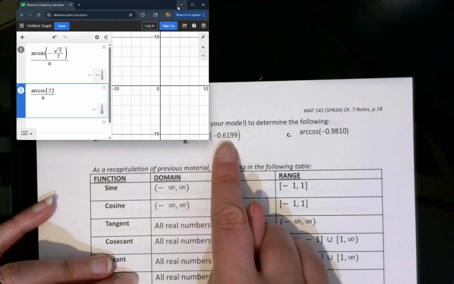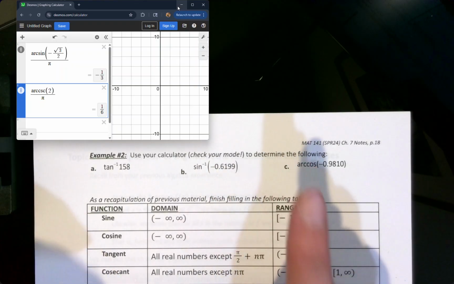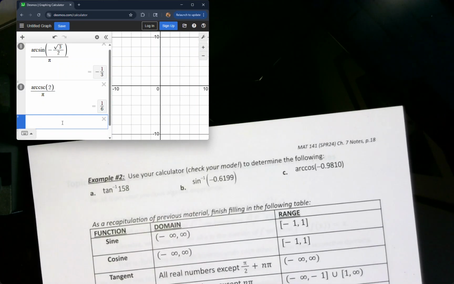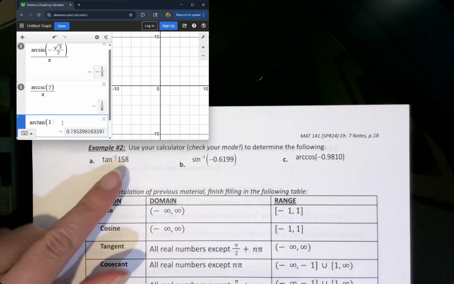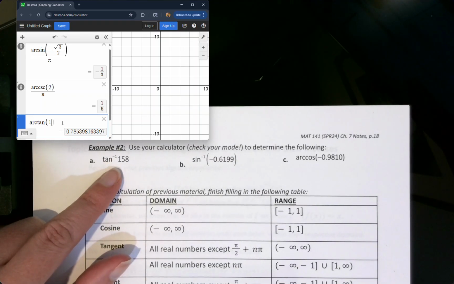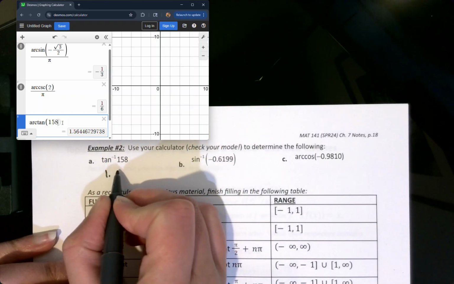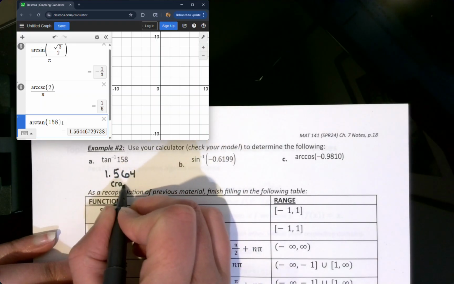158 and negative 6.19, like these things are not perfect angles. So I'm going to need to use the calculator in order to get answers in terms of the angles for these. So if I find the inverse tan or arc tan of the ratio here inputted, of the ratio 158, that gives me an answer of 1.564, and that is in radians.